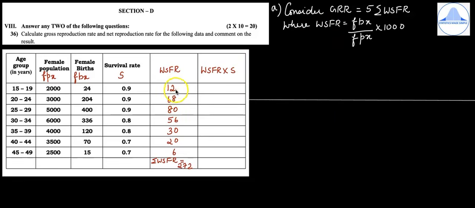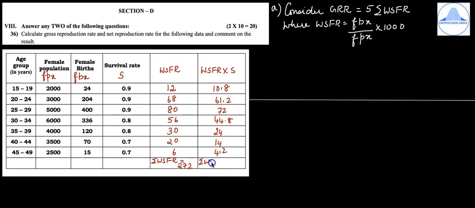Now be careful, WSFR into S means it is 0.9 into 12, that is 10.8. Then 0.9 into 68 is 61 divided by 2. Next is 72. Then 44.8. Then 24, 14 and 4.2.